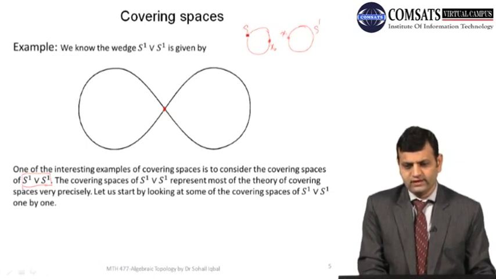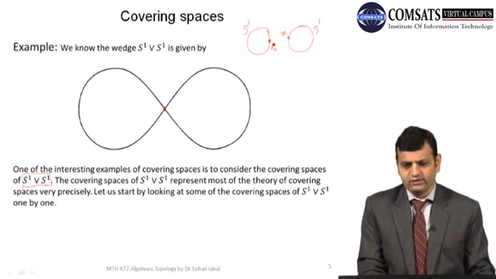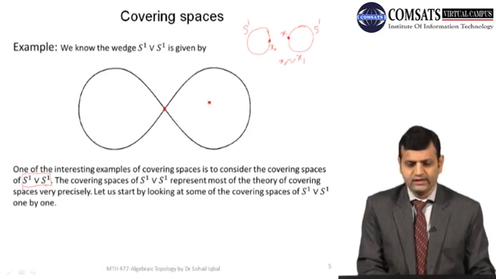This is S1, and this is S1. Now take their disjoint union and the quotient in a way that x0 is identified with x1. In other words, just take two circles, choose one point on each circle, and then identify those two points, and then we will get this wedge of circles.